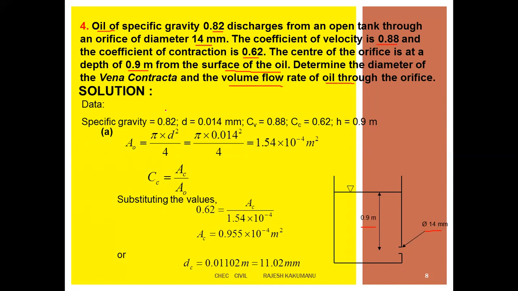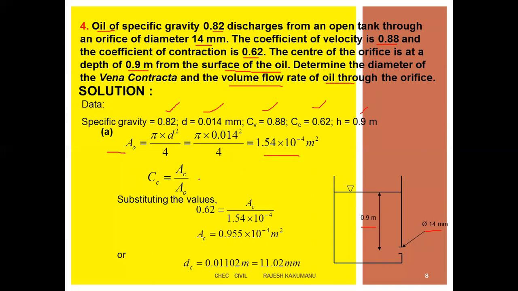So what's the given data? Specific gravity is 0.82, diameter is 0.014, the coefficient of velocity is 0.88, coefficient of contraction is 0.62, then h is equal to 0.9. Therefore, a is equal to pi d square by 4, which is equal to 1.54.